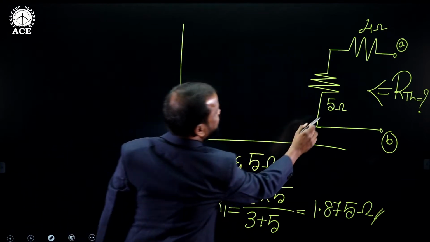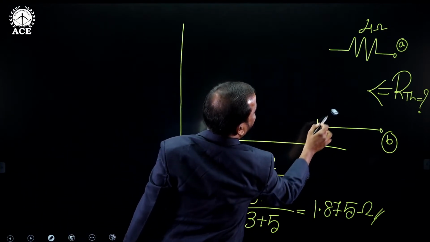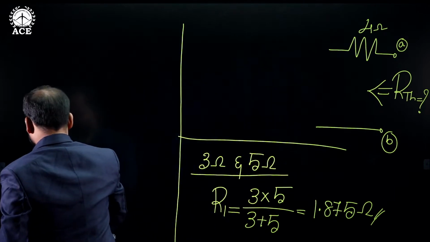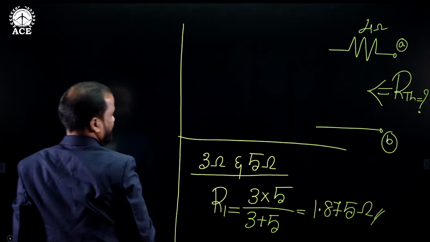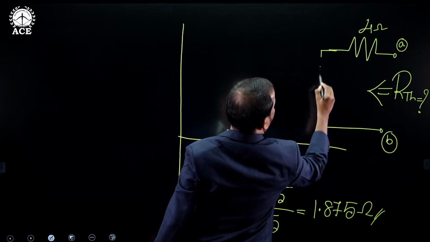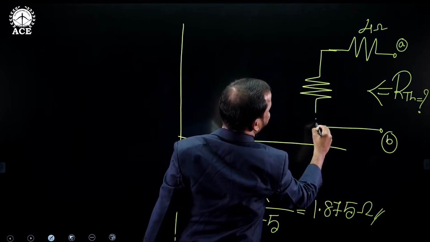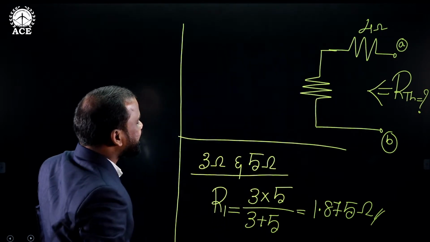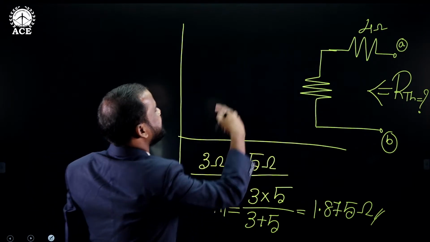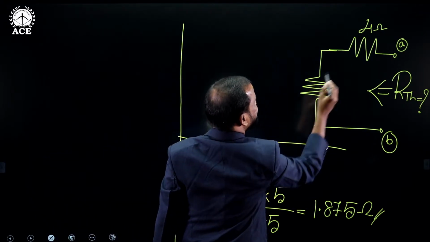You need to erase this one also. Now I am replacing this value here. After replacing, you can observe that 1.875 ohm is connected in series with the 4 ohms.